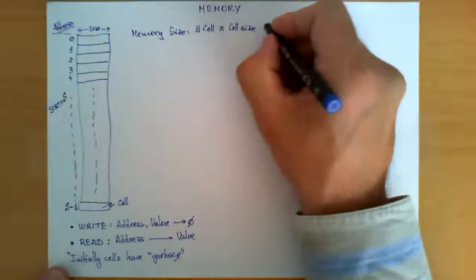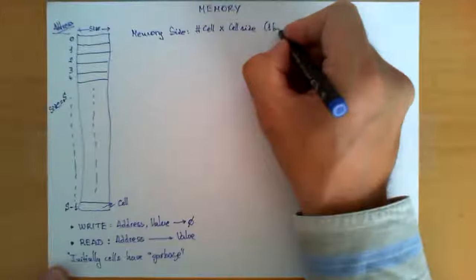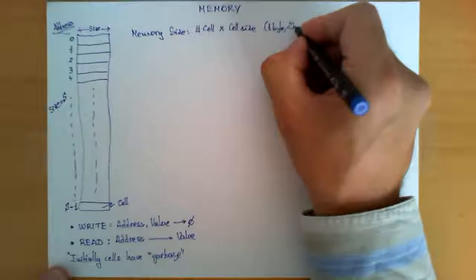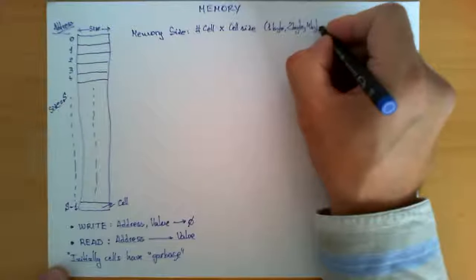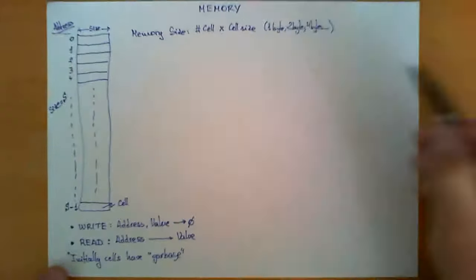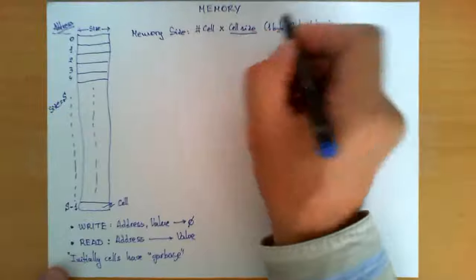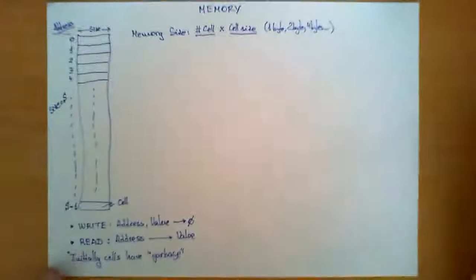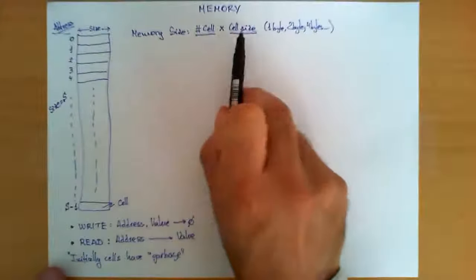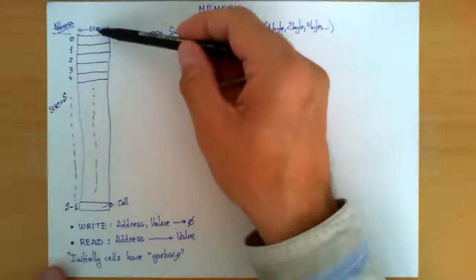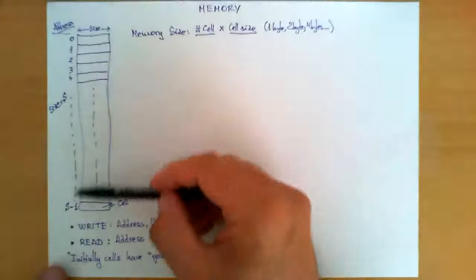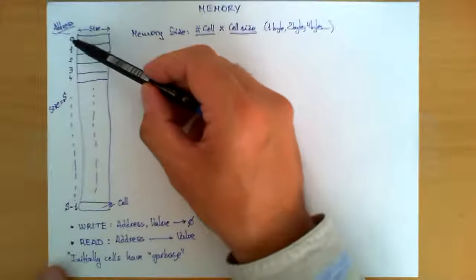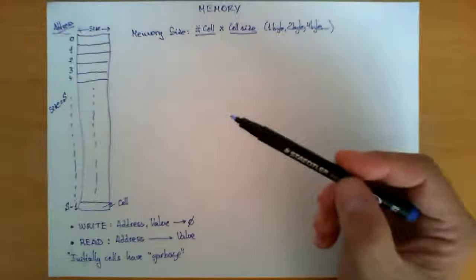As we said before, the cell size typically is either 1 byte, perhaps 2 bytes, or maybe sometimes even 4 bytes. Once you know the cell size and the number of cells, the size of a memory is just the product. So in this case it would be the size of these cells times the S cells that we have here, because our address value goes from 0 to S minus 1.